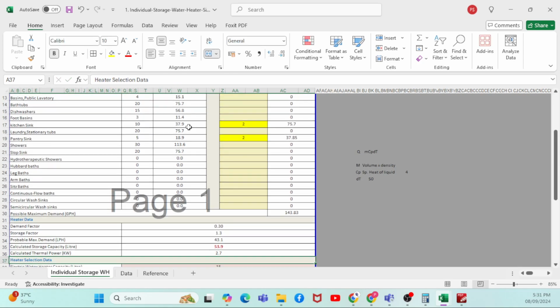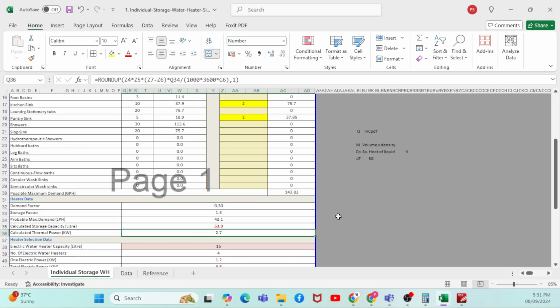Okay, so if I see here, this is my thermal power requirement. So here you can understand how to calculate the capacity of the storage tank, and how to calculate the thermal power required, the heat capacity, by using those equations.